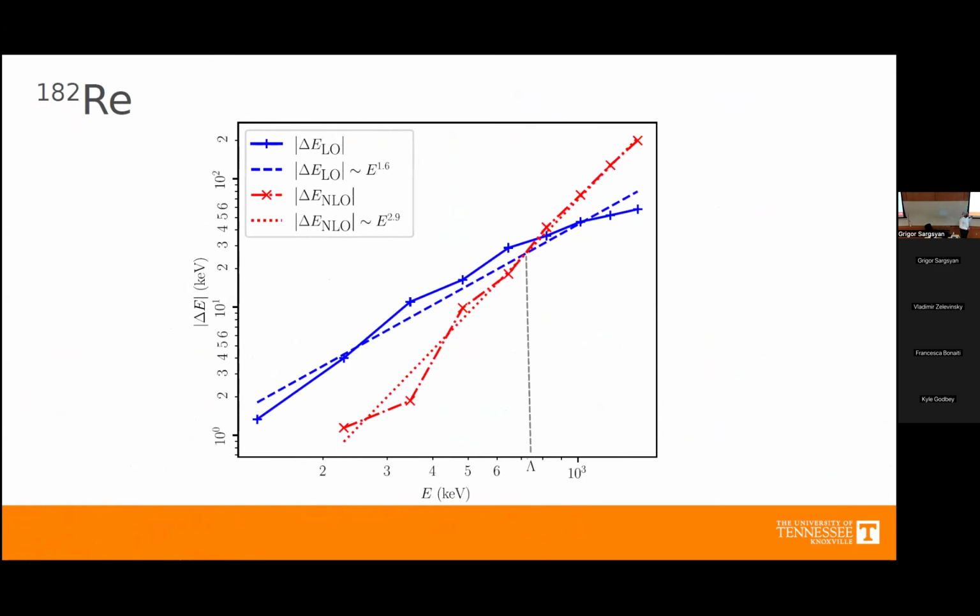So if we'd calculated this to higher orders, say next to next to leading order, or N2LO, we would obviously lose a couple of data points back here to the coefficient fitting, but we would expect a steeper line here.